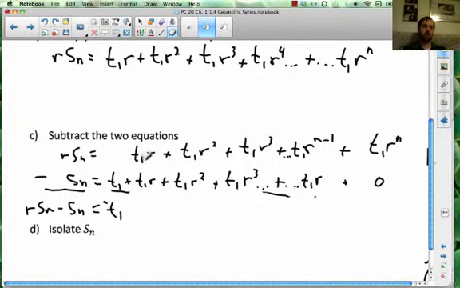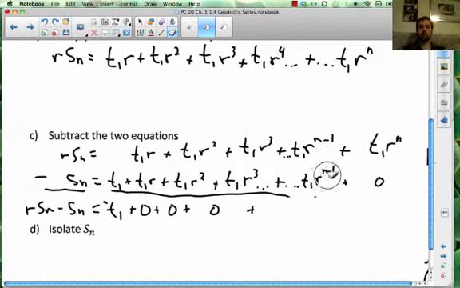Now we have t1r minus t1r, 0. t1r squared minus t1r squared, 0. t1r cubed minus t1r cubed, 0. t1r to the n minus 1 minus t1r to the n minus 1, 0 again, and then finally we do have a term left over here because it's t1r to the n minus 0.